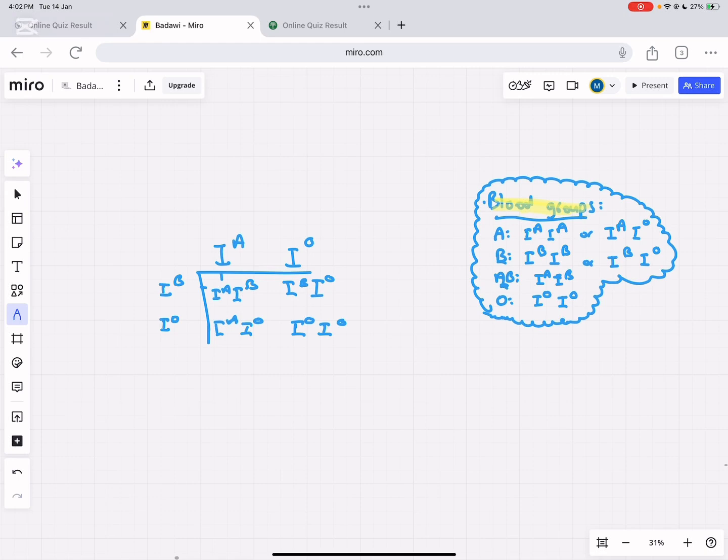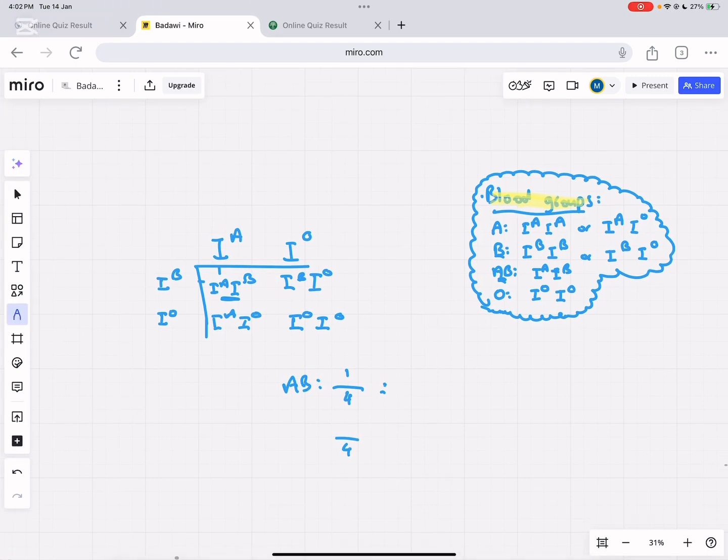Since I have four, the total is 4. For AB, I only have one AB, so 1 over 4, the probability is 25%. Now for blood group B, I have a total of 4.